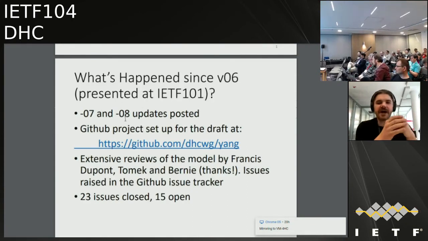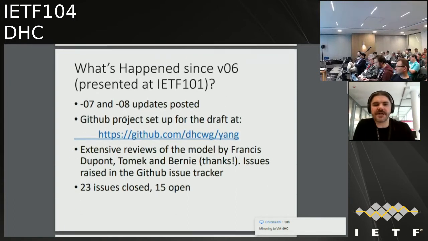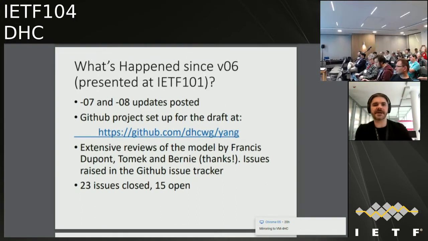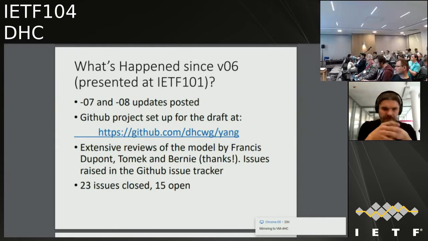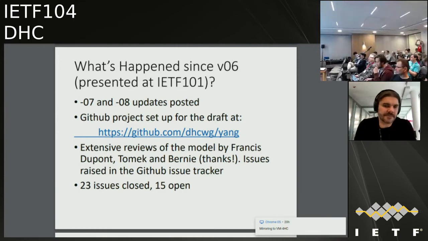Okay, so this time last year was the last time we did an update on this. There's been a couple of updates since then. Not huge things, but there have been some reviews, mainly from the chairs and from Francis. We've opened the issue tracker as proposed back then, and there's a fair bit that's been done on there. There are still 15 items which are open, some more severe than others.